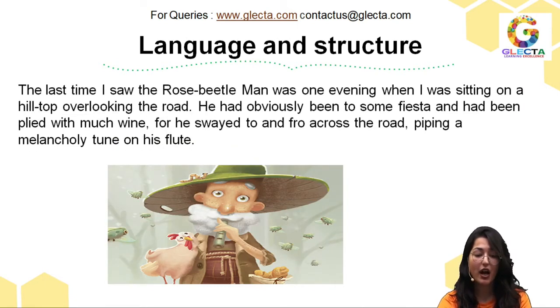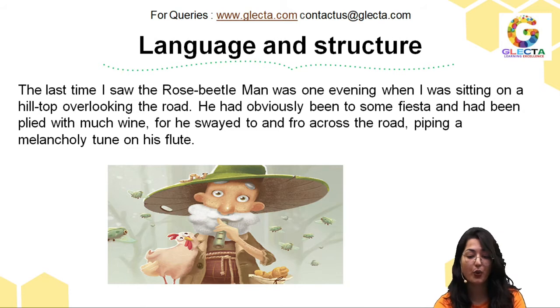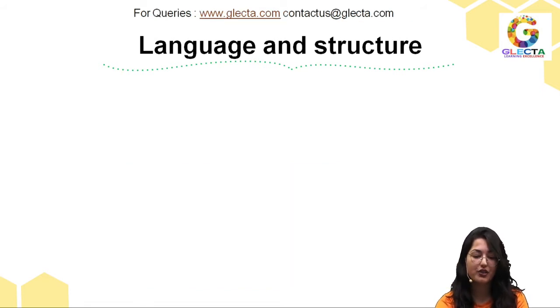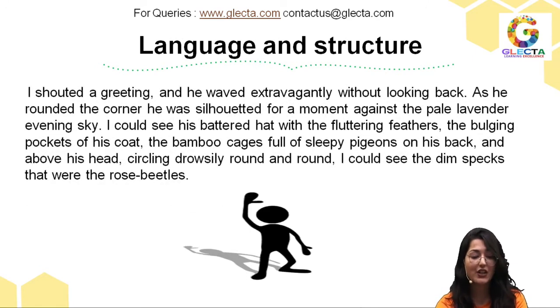The last time I saw the rose beetle man was one evening when I was sitting on a hilltop overlooking the road. He had obviously been to some fiesta and had been plied with much wine, for he swayed to and fro across the road, piping a melancholy tune on his flute. I shouted a greeting and waved extravagantly without looking back.